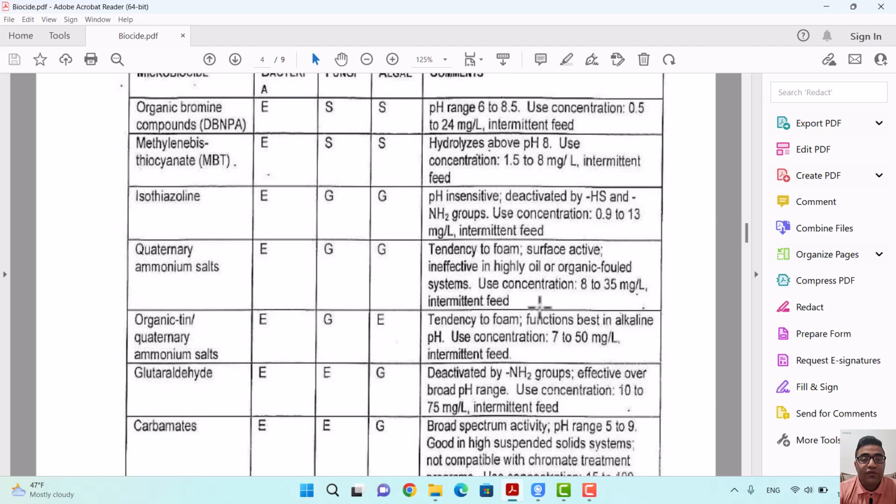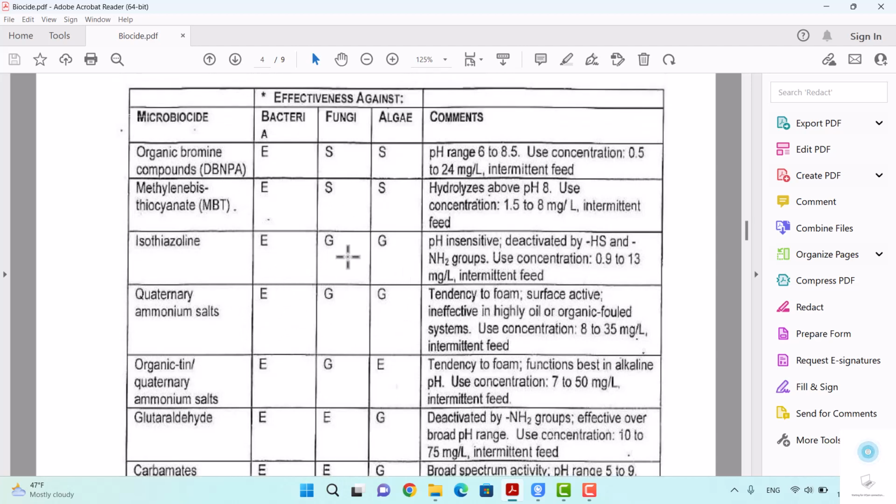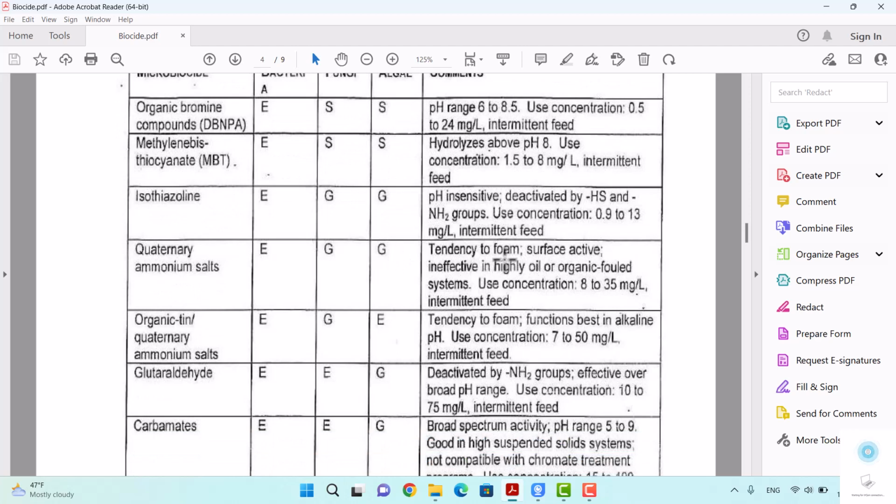Then we have quaternary ammonium salts. Excellent performance against bacteria and good performance against fungi and algae. Tendency to foam, surface active, ineffective in highly oily or organic fouled systems.